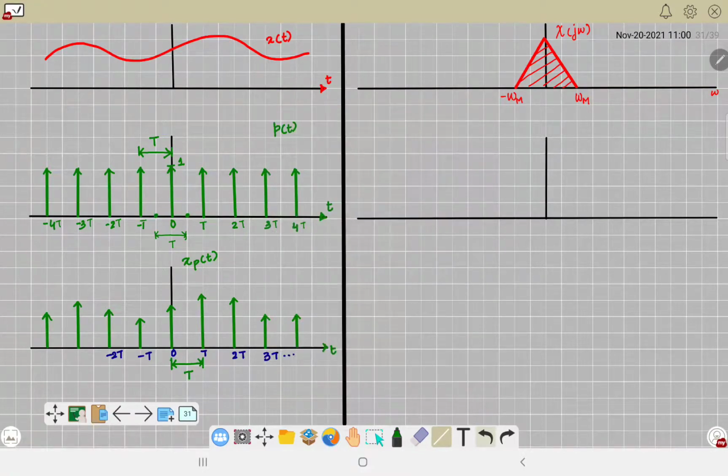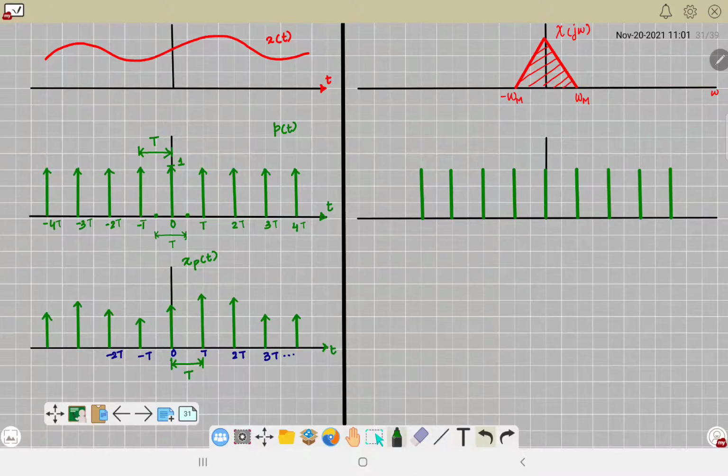So as per this expression, we will have impulses like this, and so on. Similarly on the negative axis.